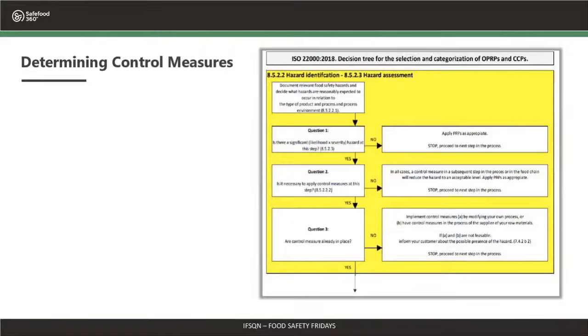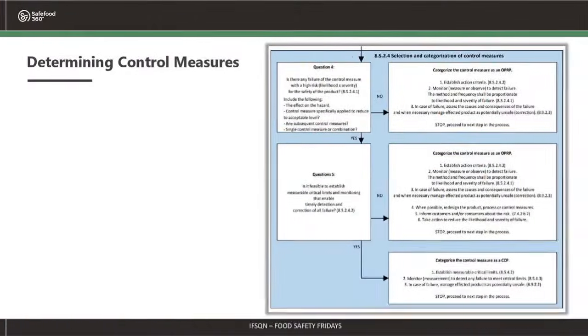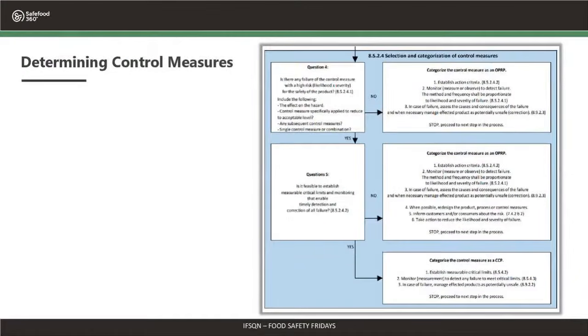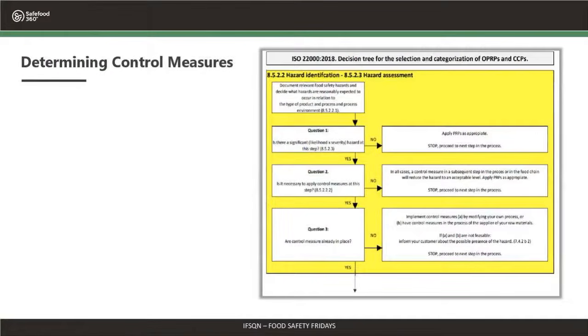So what we're going to do is go through the ISO 22000 decision tree. This is broken into two sections. Firstly, hazard assessment, which we see here, followed by selection and categorization of control measures. We'll come back to that in just a moment.